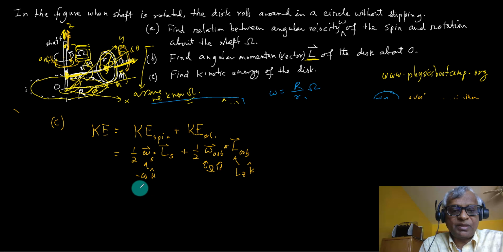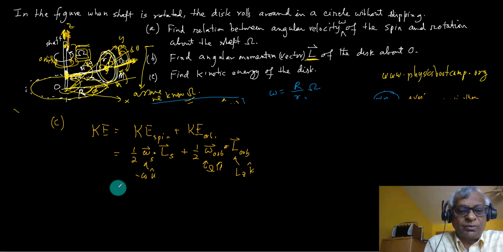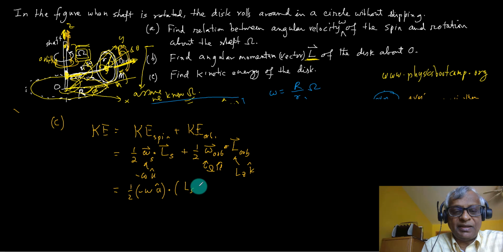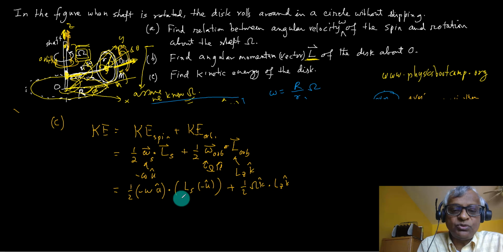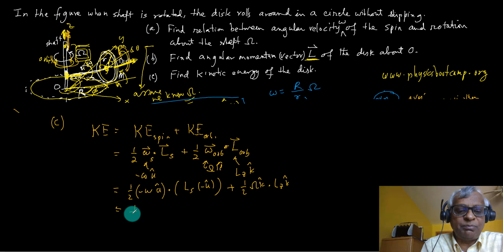So when you work this out, let me just do this: minus omega u hat dotted with L_s minus u hat, that was the direction, plus half omega k hat dotted into L_z k hat. All these unit vectors are the same because we already separated them, so the minus signs cancel out.